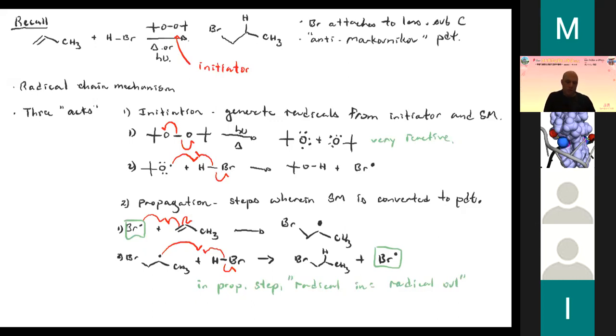And so if you've written some propagation steps and you haven't returned to that first radical in the beginning of the first propagation step, you're not there yet, or you've gone astray. So when you do end up regenerating that radical, you know that you've completed that propagation sequence.